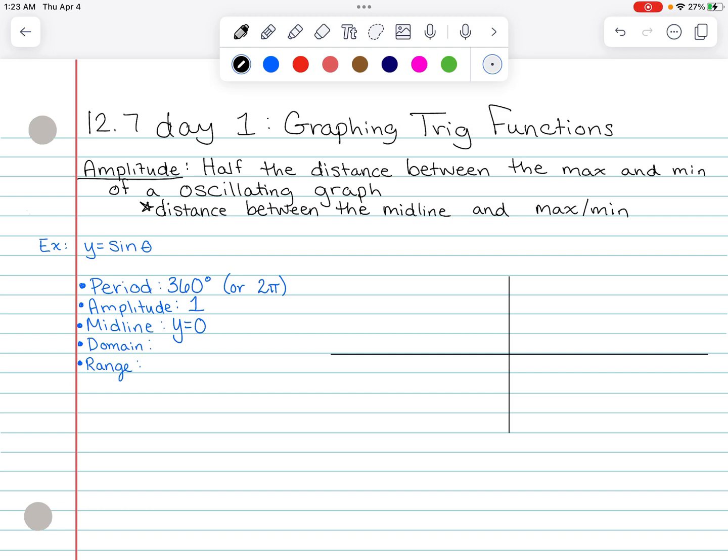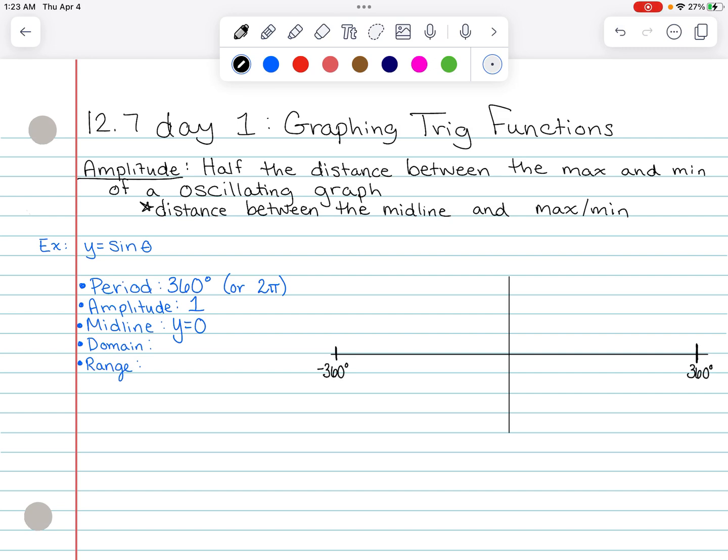It hits 0, 1/2, square root of 2 over 2, square root of 3 over 2, 1, the negative versions of all of those. But it's easiest to essentially notice what it hits after every quarter of a period, or a quarter of a circle in this case. So on my x-axis, I go all the way over to the right and I put a full period here.